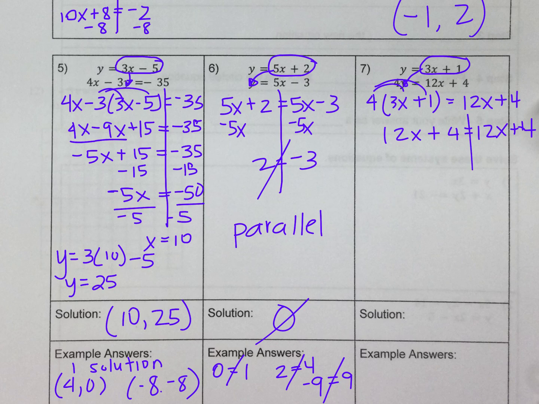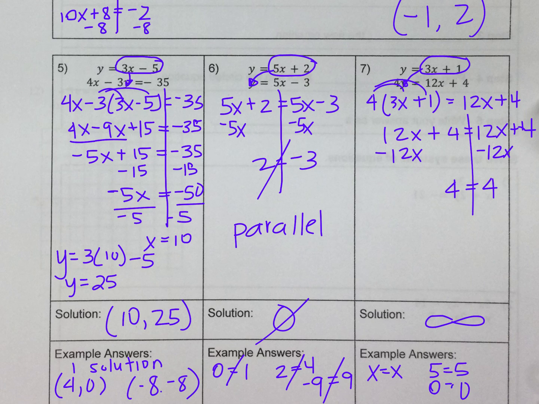Okay, if I move this 12x, that cancels out, but I end up with 4 equals 4, and that is very much true, which tells me that we have infinitely many solutions, and it's actually the same line. So if you ended up with x equals x, that's true. 5 equals 5, 0 equals 0, just whatever. As long as it's true, then it's infinitely many.